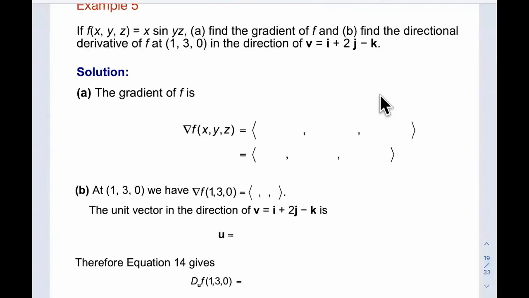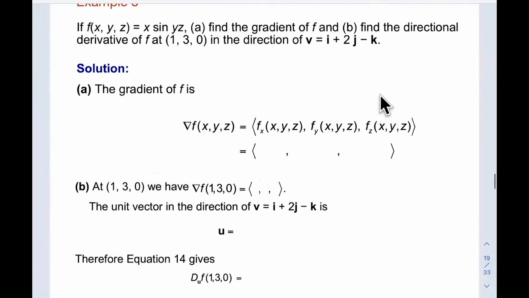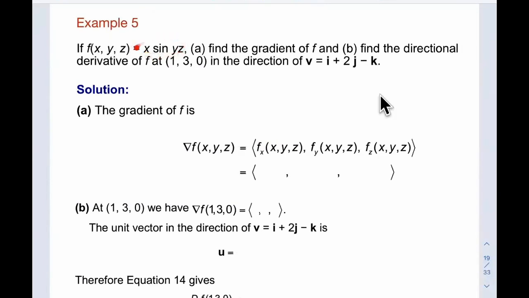The first component will be the partial derivative with respect to x, the second component the partial derivative with respect to y, and the last component the partial derivative with respect to z. Can you find the partial derivative of the function with respect to x here?